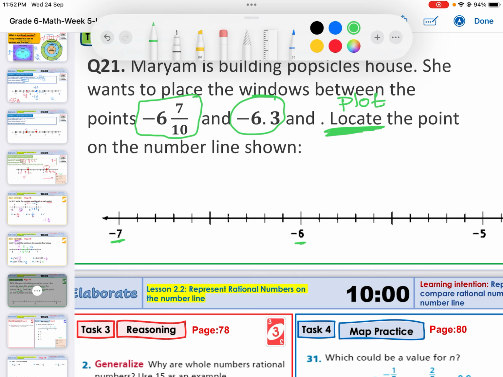Negative 6 1/10, 2/10, 3/10, 4, 5, 6, 7. It's going to be located here. So that's negative 6 and 7/10. Okay, the second one, negative 6.3, it's the same as what? Negative 6 and 3/10. So we're going to locate it 1, 2, 3. It's going to be located here.